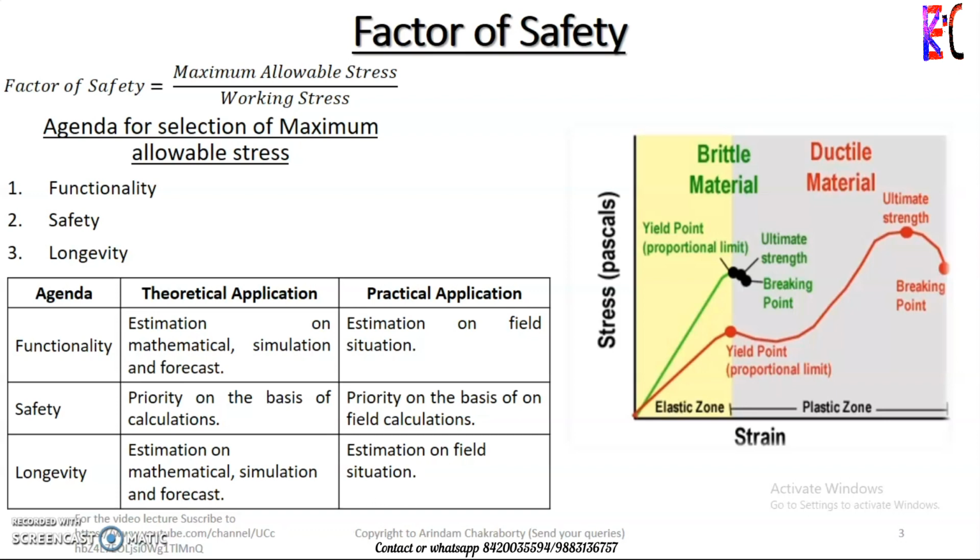If the theoretical approach factor of safety is less than the practical approach factor of safety, then you have to consider the factor of safety of the practical approach. Everything needs a distinctive way. So we go through the entire thing, we try to understand the entire phenomenon, how it works.